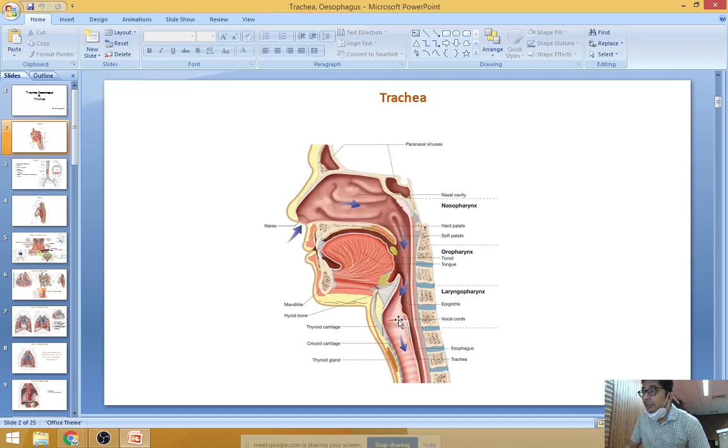We have the vocal cords over here. Posteriorly, this continues as a part of the pharynx. The whole of it is pharynx, which consists of nasopharynx, oropharynx, and the pharynx which lies just posterior to the larynx. So you've got a larynx in front and pharynx posteriorly, isn't it?